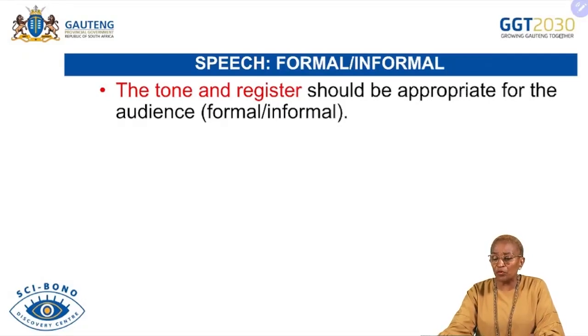They should be appropriate for the audience. Remember what I said about the tone, that is the language. And what about the register? When one talks about the register, that is the degree of formality. And that should be appropriate for the audience. It can either be formal or informal.